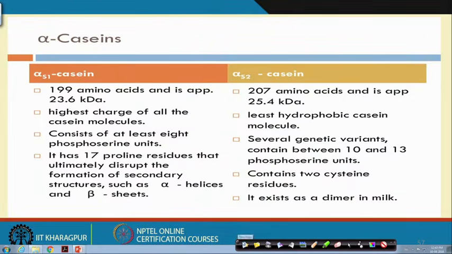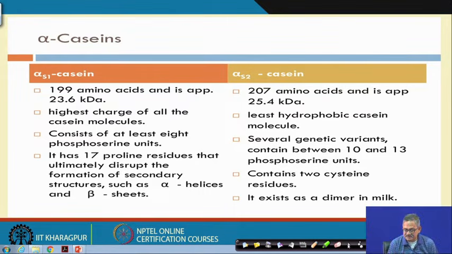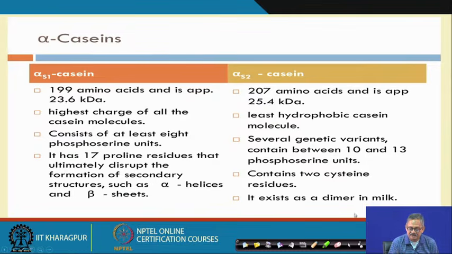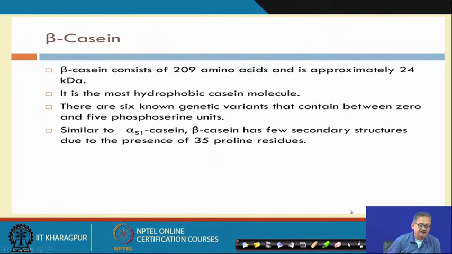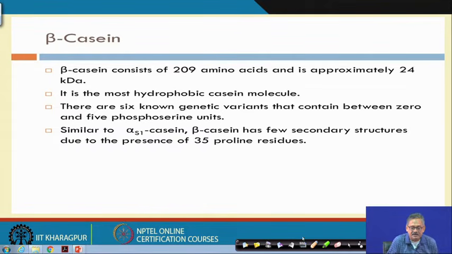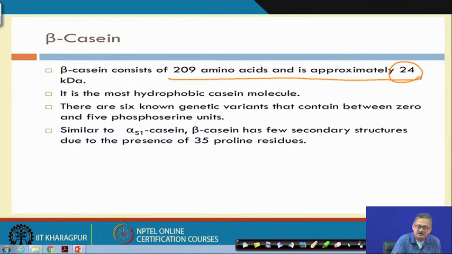So, looking at alpha S1 and alpha S2 casein, we then say that beta casein, the other type of casein, contains around 209 amino acids and its approximate size is around 24 kilodalton, right.